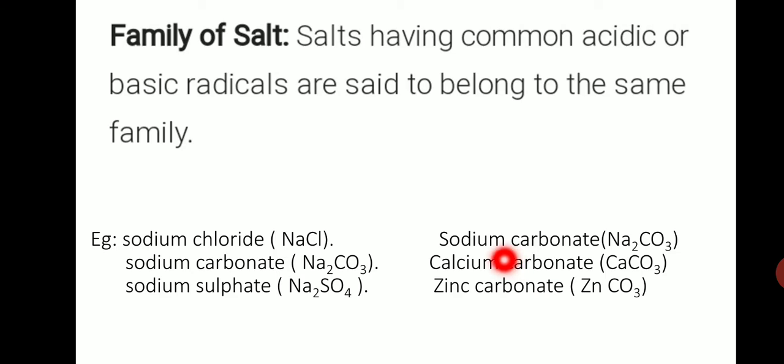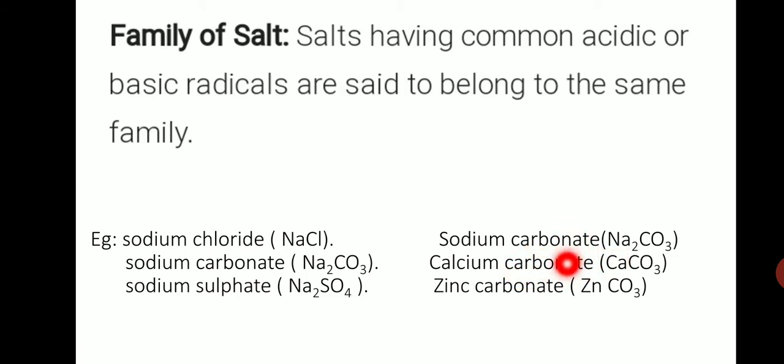Okay, another example. These are a group of salts: sodium carbonate, calcium carbonate, zinc carbonate. What have you observed here? The negative ions are the same and the positive ions are different. Carbonate, carbonate, carbonate.